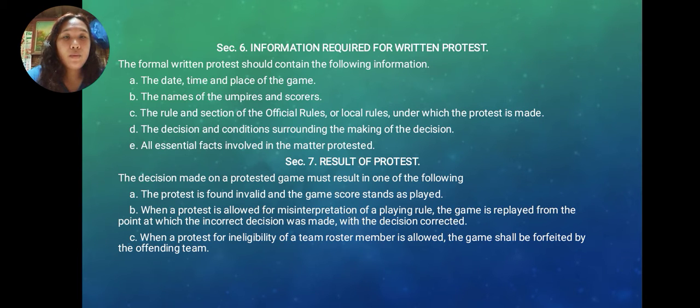Letter B, when a protest is allowed for a misinterpretation of a playing rule, the game is replayed from the point at which the incorrect decision was made, with the decision corrected. Letter C, when a protest for ineligibility of a team roster member is allowed, the game shall be forfeited by the offending team.